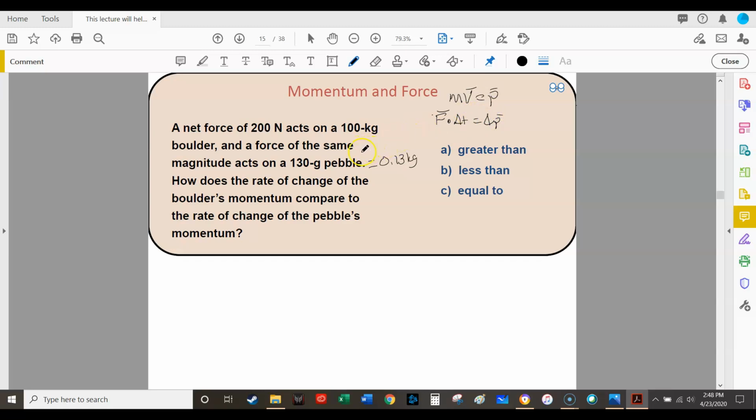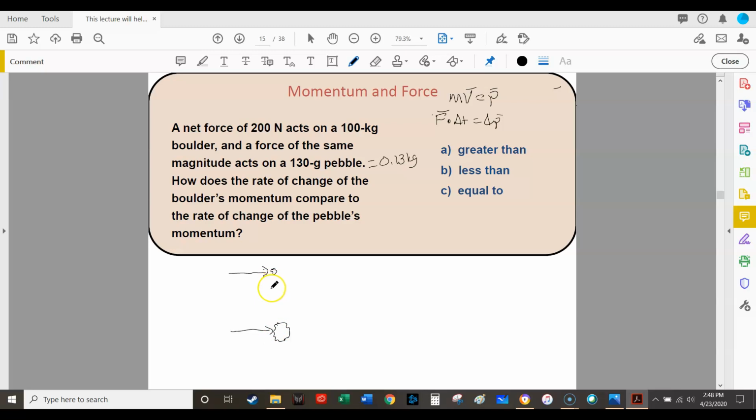So let's think about this for a second, okay? You're going to apply a force to a little grain of sand. And then you're applying the same force to a big boulder that is much bigger, okay?